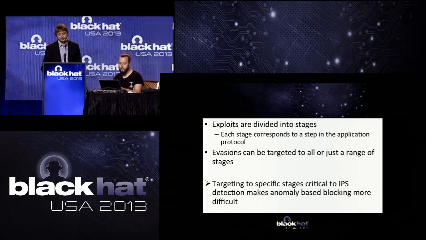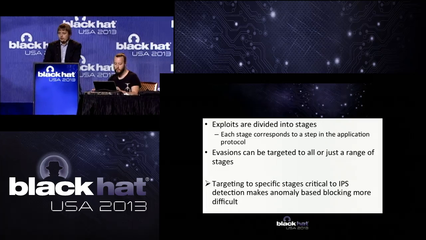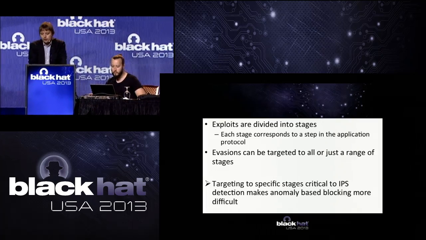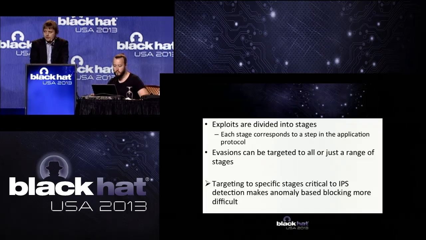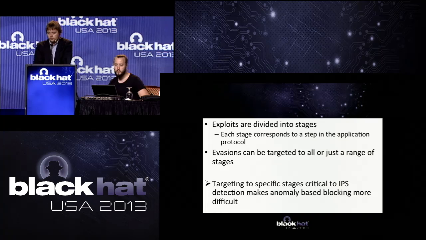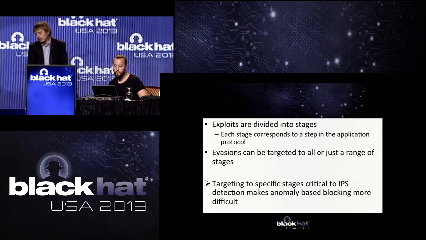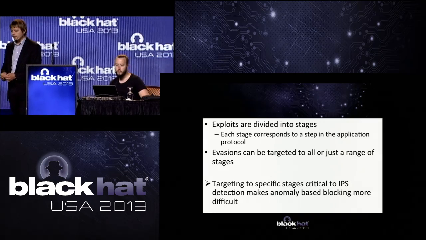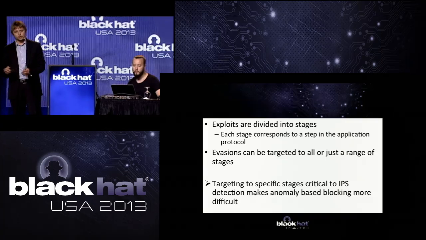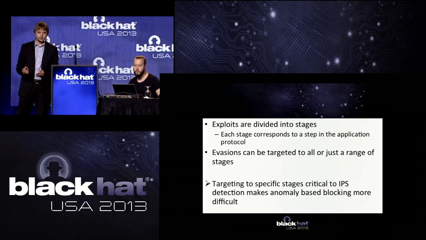Targeting evasion at the stages that are critical for the IPS to detect the attack is a very efficient strategy. So don't do evasions for the whole connection; do evasion only at the point where you trigger the vulnerability. That is also a good strategy to avoid anomaly-based detection, as there might be rules like: if there are many small TCP segments in one connection, then terminate the connection.